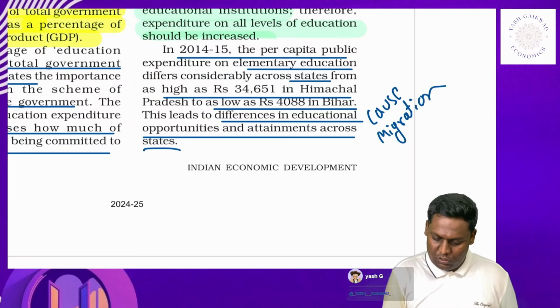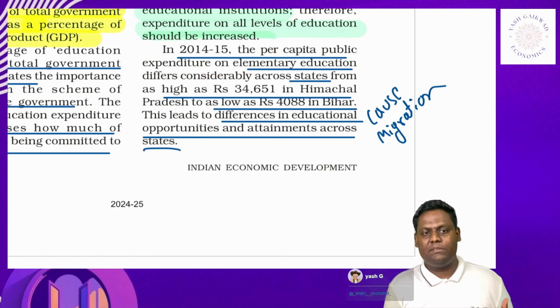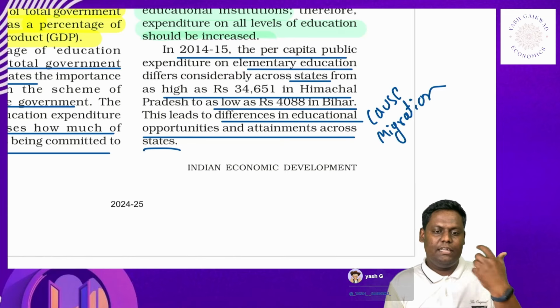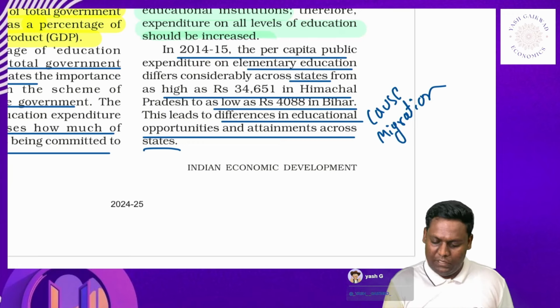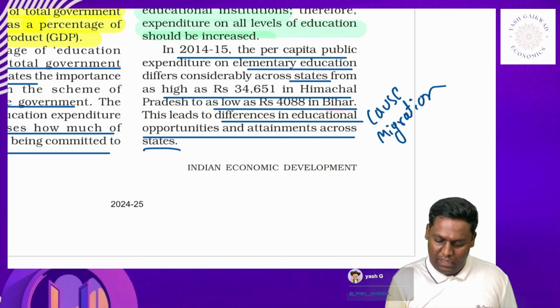Now, let us also look at an infographic on why expenditure on education is related to migration. In 2014-15, the per capita, that is per person, expenditure on public elementary education in the state of Himachal Pradesh was around 34,651 rupees, whereas it was very low at 4,088 rupees in Bihar.